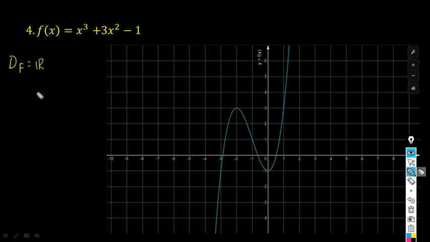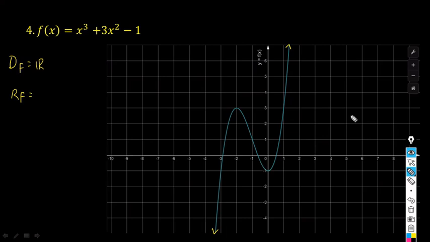Look at the graph and tell me what numbers in the y-axis are being swept by this graph. And again, this continues on in both directions, both minus infinity, it goes downwards, and plus infinity. So what do you think? What numbers in the y-axis are being swept by the graph of this function?